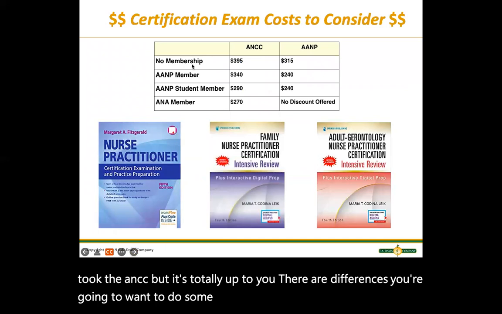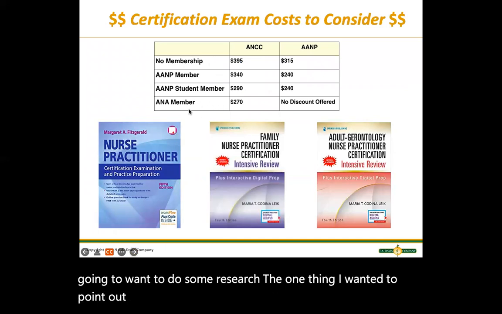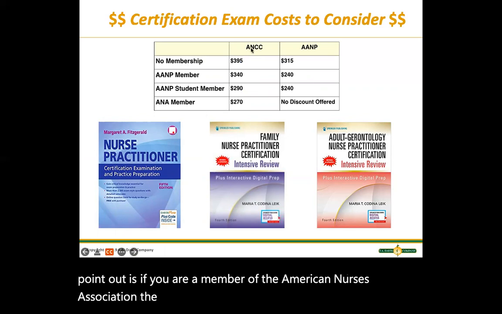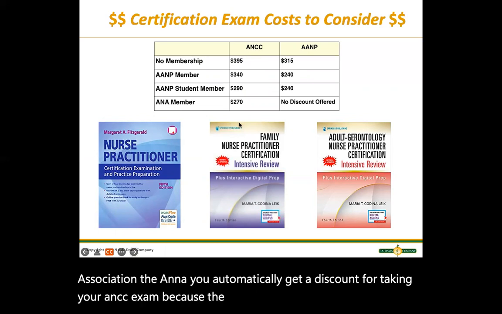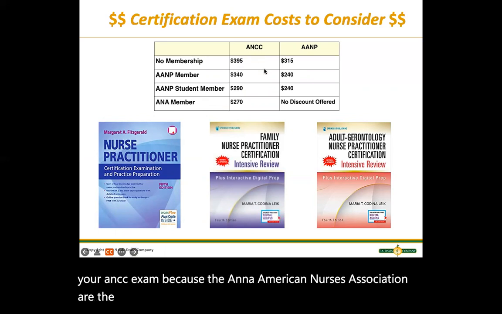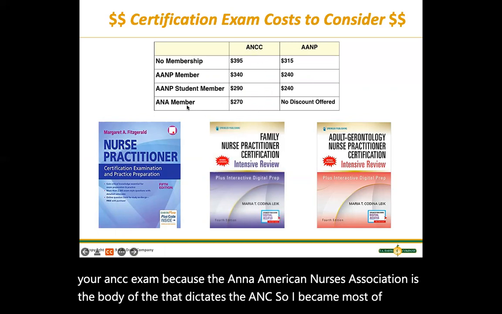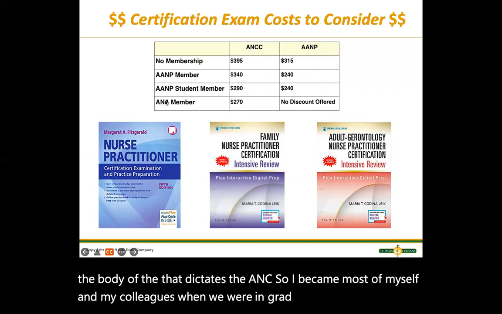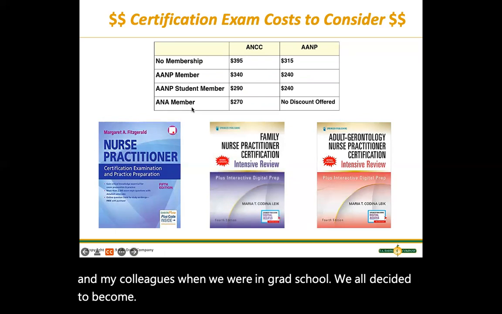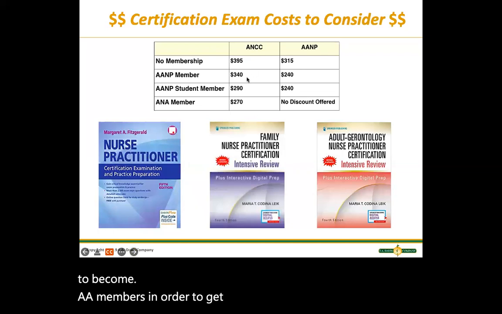The one thing I wanted to point out is if you are a member of the American Nurses Association, the ANA, you automatically get a discount for taking your ANCC exam, because the ANA is the body that dictates the ANCC. So myself and my colleagues, when we were in grad school, we all decided to become ANA members in order to get that discount on the ANCC.